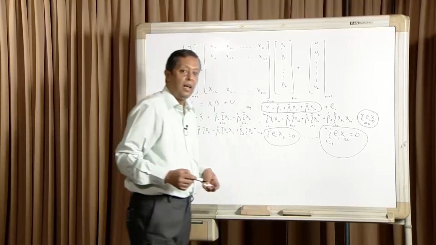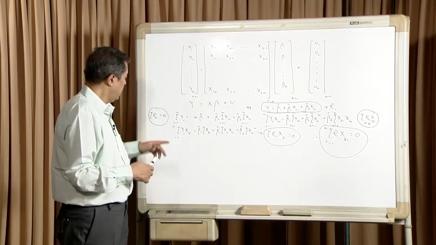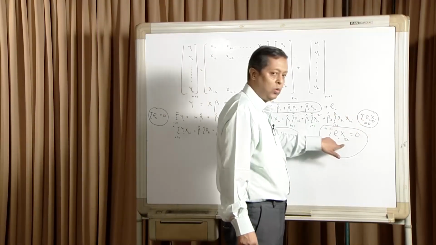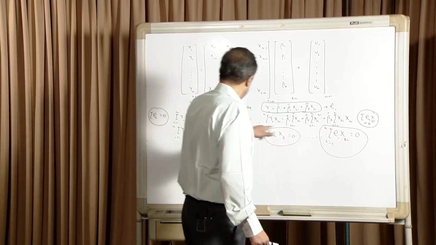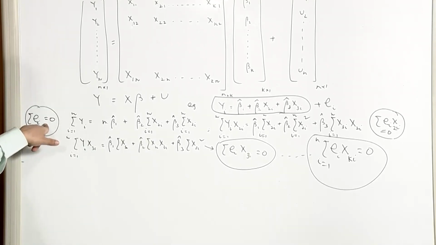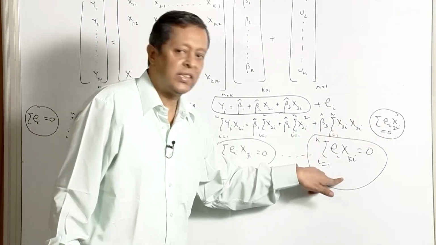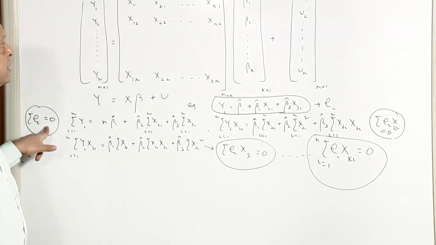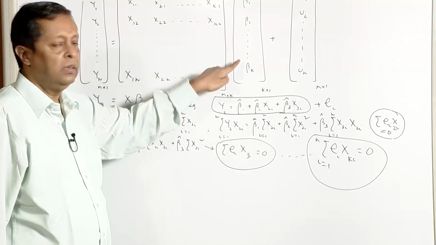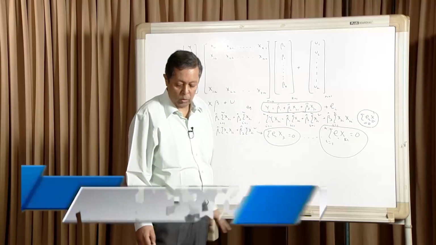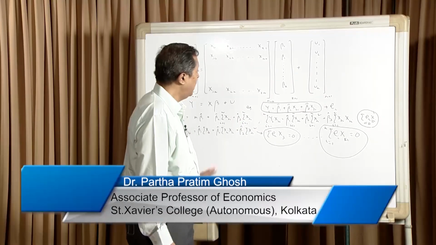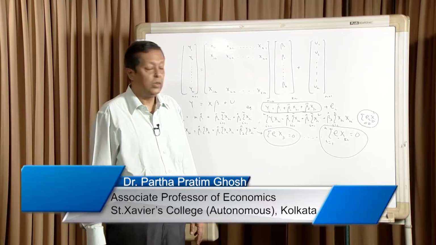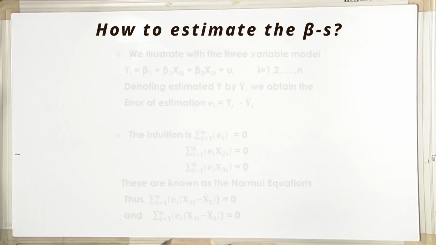So, how many equations do we have? From 2 to k makes k minus 1 equations, and then the first one. So, we have k equations for estimating beta 1 through beta k. That now gives us an idea about how to estimate the beta parameters using observations.